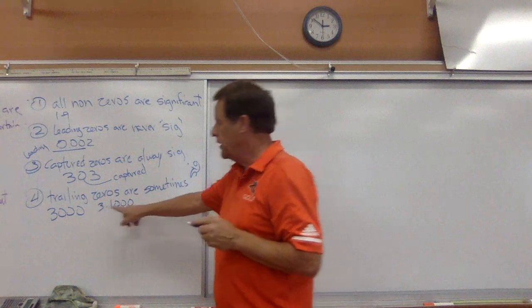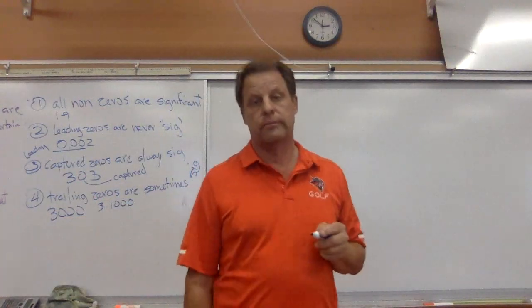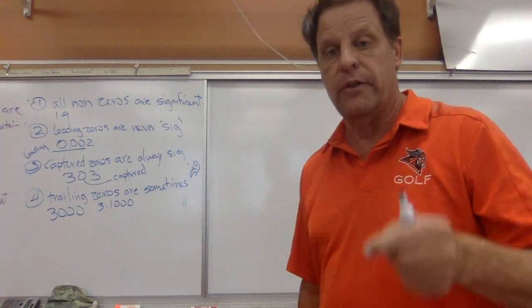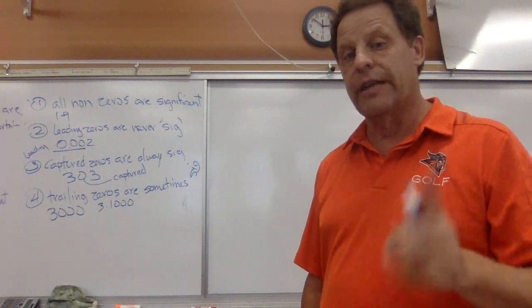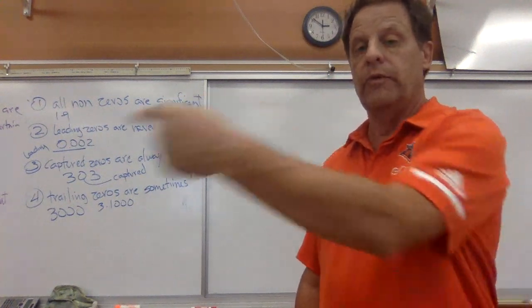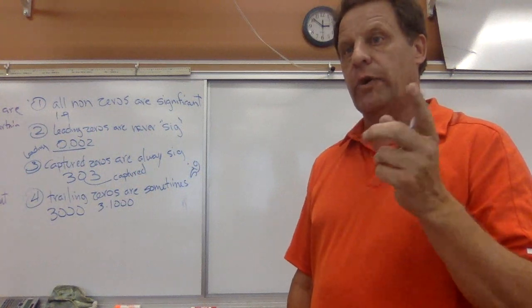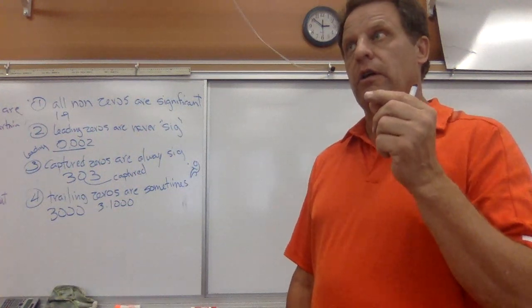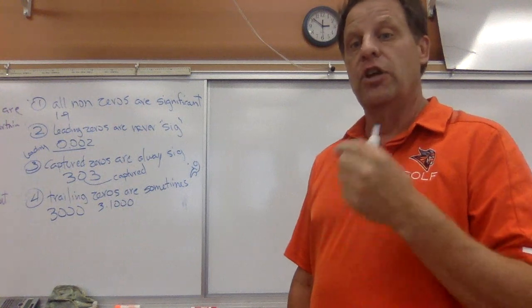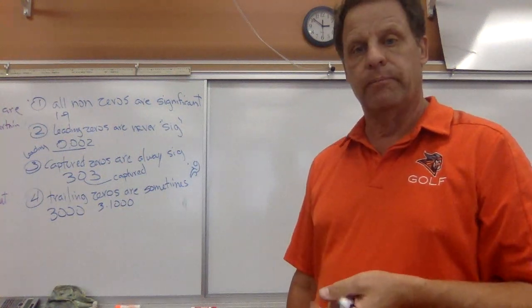Okay, those are trailing, and these are trailing. They're going to come after the last non-zero number. So moving from left to right, you count the zeros after the last non-zero, and those would be trailing.